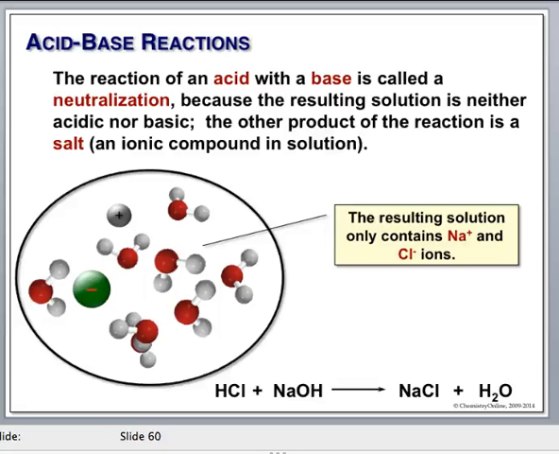When a strong acid reacts with a strong base, you form a salt and water. Remember that phrase. Strong acid reacts with a strong base, you get a salt and water. Any questions?